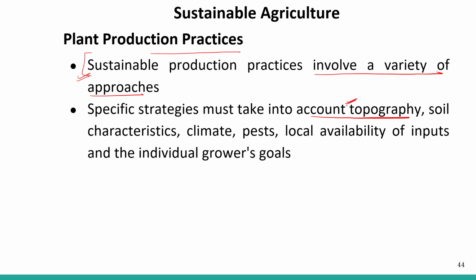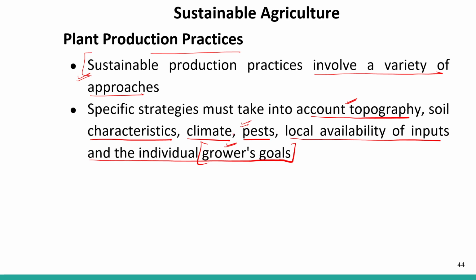The strategies must also take into account the soil, for determining the soil characteristics, the climate of that particular land, pests, the different pests that generally harm the plants or crop, local availability of inputs, and the individual grower's goal. So what is the grower's goal? What does the farmer want to grow?